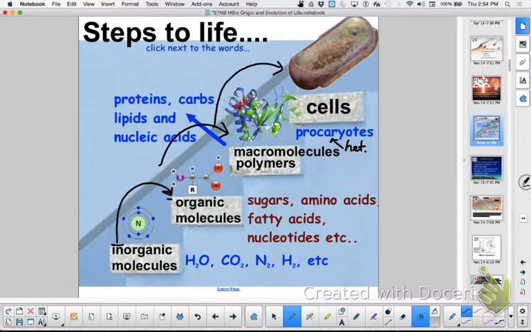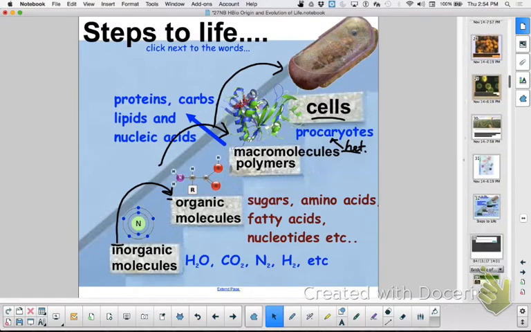But the idea is that you would build these polymers and form cells that were heterotrophs, and then later you would have autotrophs and eukaryotes. Remember we talked about the endosymbiotic hypothesis where one prokaryote lives inside of another prokaryote. Okay, so that would be steps to life.